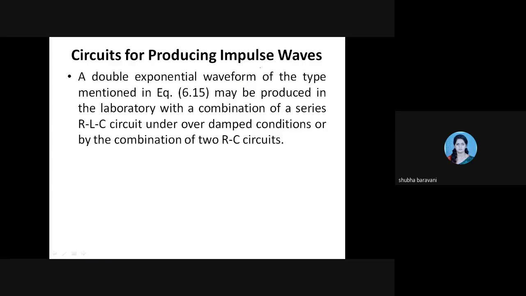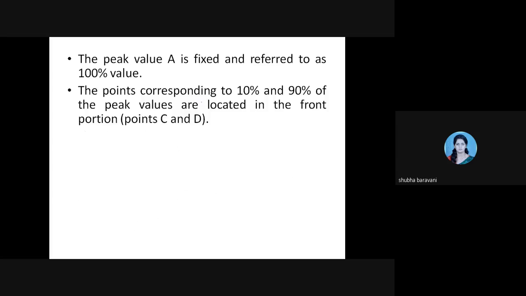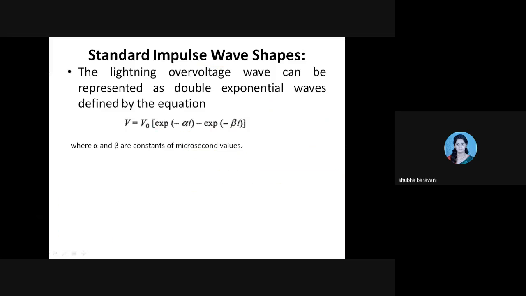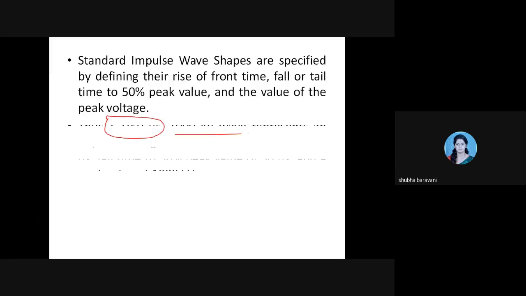A double exponential waveform, as mentioned in the equation. I told you this is a double exponential waveform. You can see two exponentials, e raised to minus alpha t and e raised to minus beta t.